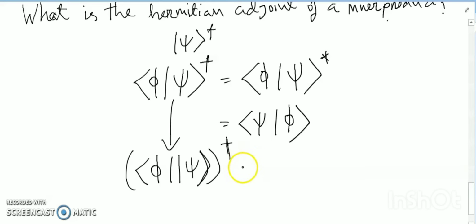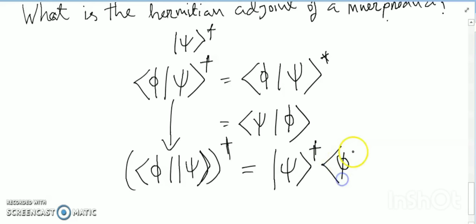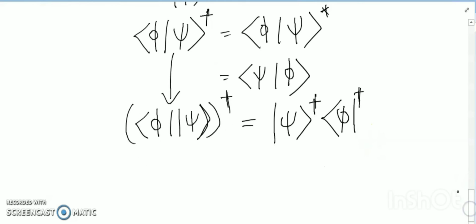So we can write it this way, switching the position. Now this expression and the one we previously found must both be equal.